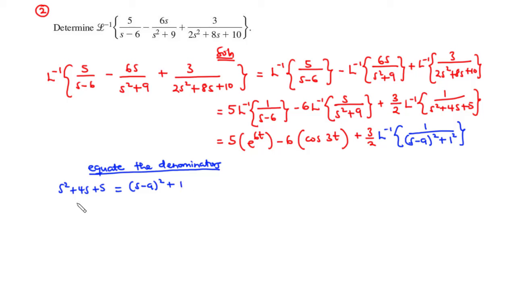So on the left hand side we have s squared plus 4s plus 5, that is equal to s times s is s squared, s times negative a is negative as, negative a times s is also negative as, so that becomes negative 2as plus negative a times negative a, that is a squared, plus 1.